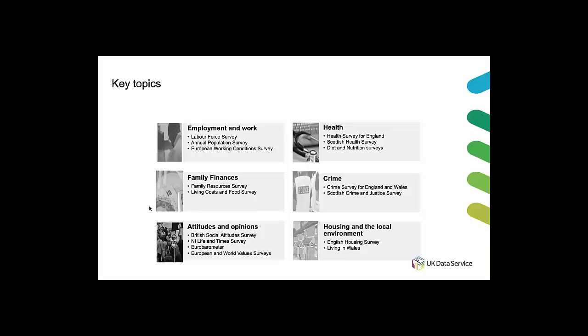Now in terms of the topics covered in these surveys, our key UK and cross-national surveys provide data on a wide range of topics. So for example, we have large-scale surveys focused on employment, health, family finance, crime, attitudes, and housing.